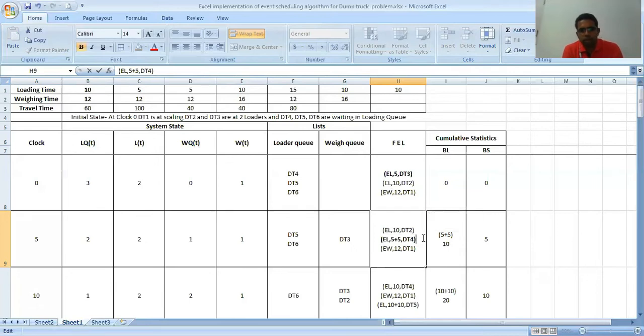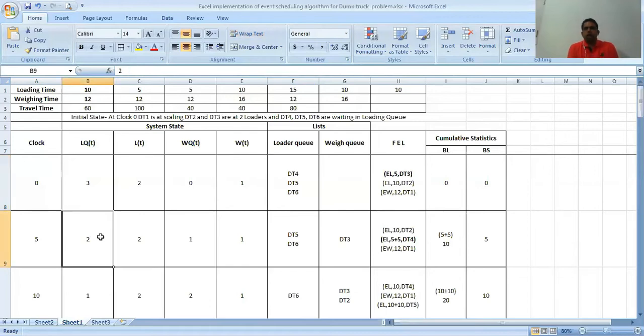As we said, dt4 is first in the queue, therefore it will get the loader. That's the reason L(t) is 2, as one of the loaders has freed itself by ending the loading of dt3. Therefore dt4 will go for it, and based on that, your LQ(t) will be decremented.